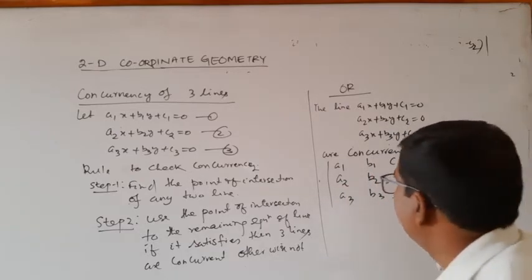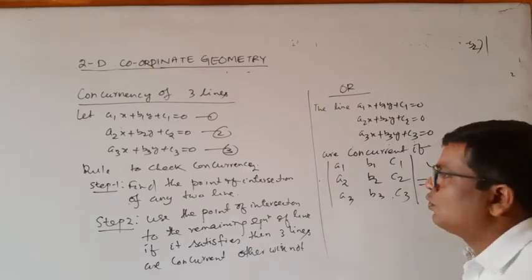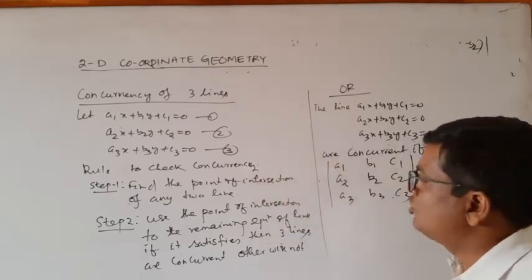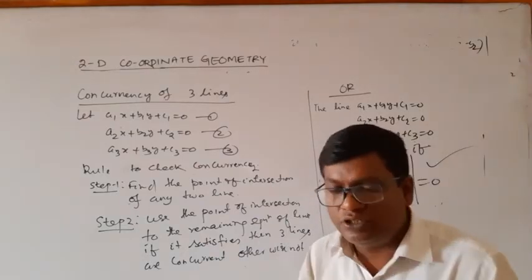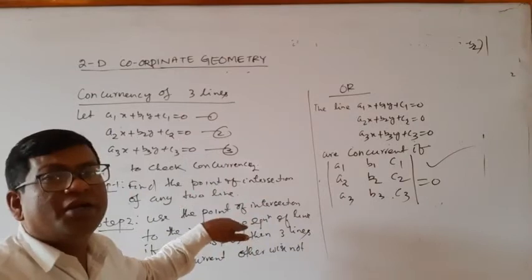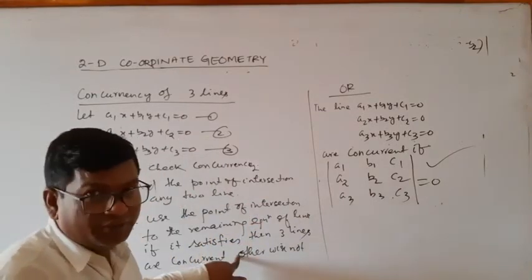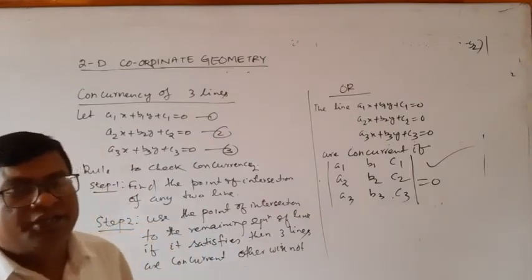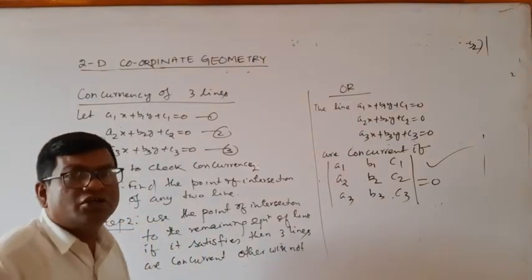This is the condition for concurrency. Or you may apply the procedure: solve the point of intersection of any two lines and then put the point of intersection in the remaining equation of line. If it satisfies, then the three lines are concurrent, otherwise not.